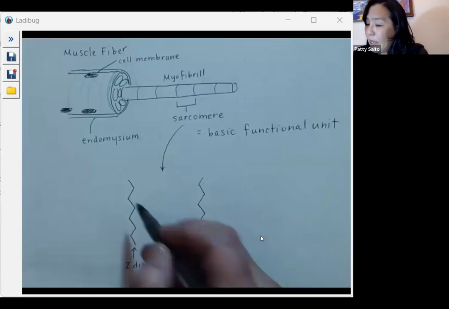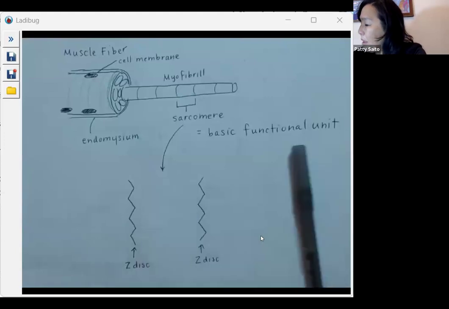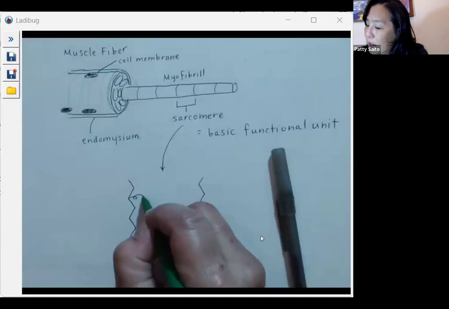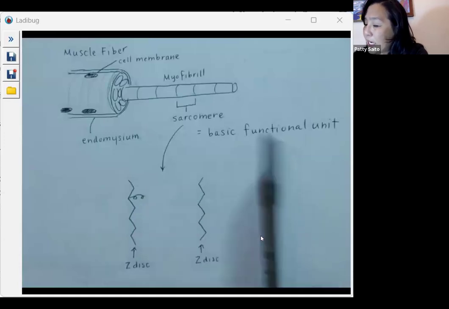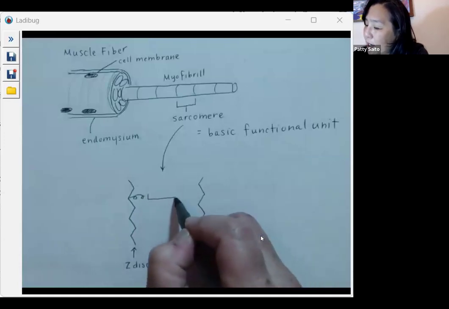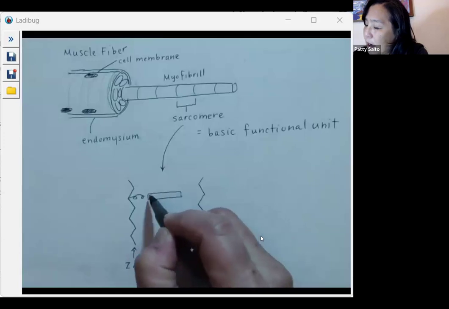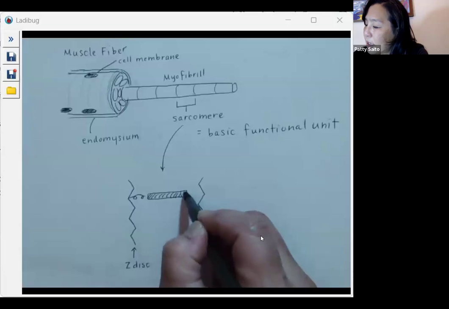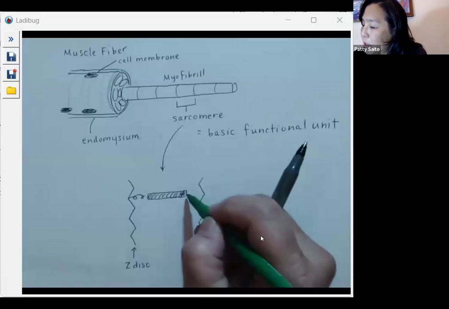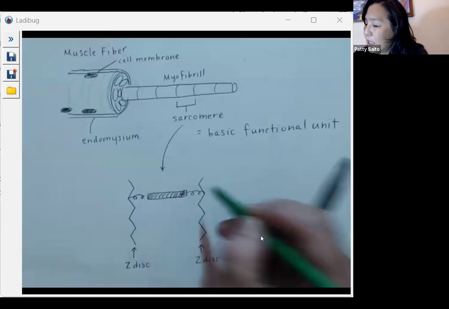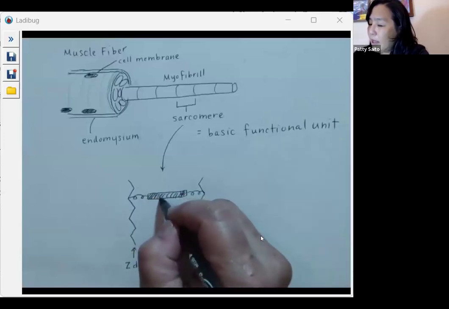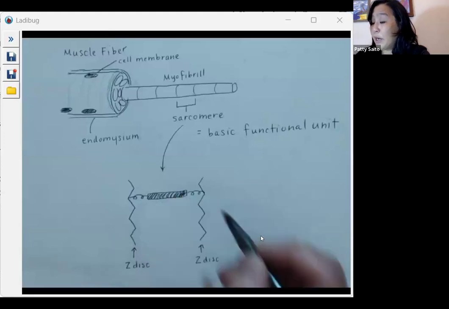In the middle, we have kind of suspended by proteins to the Z disc this structure here in the middle.